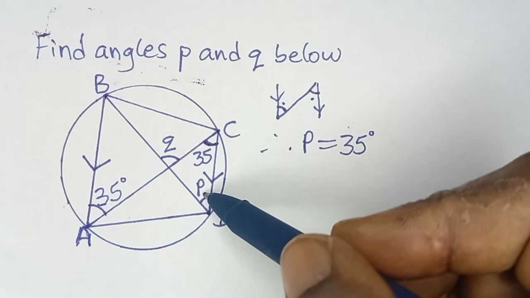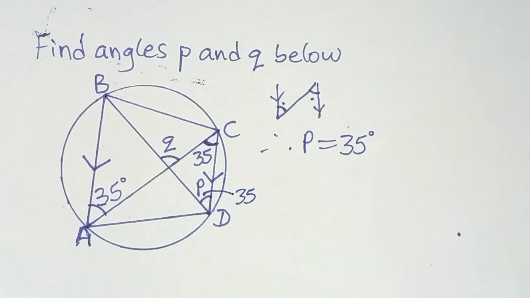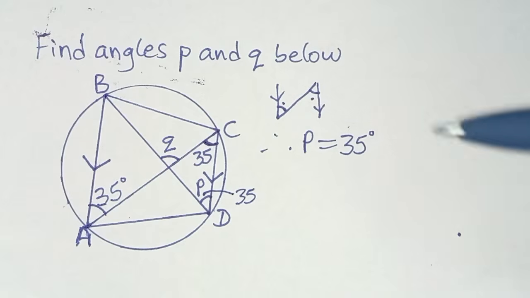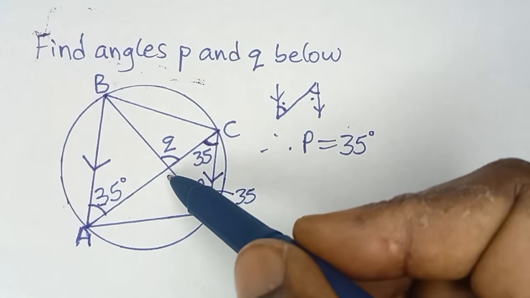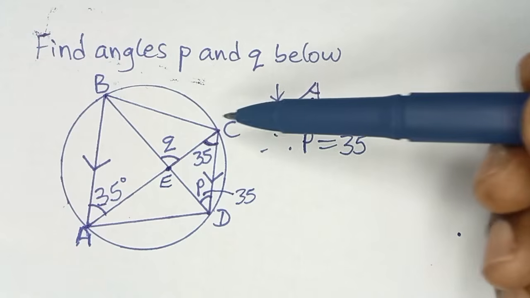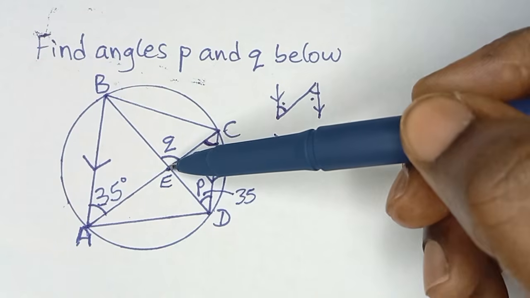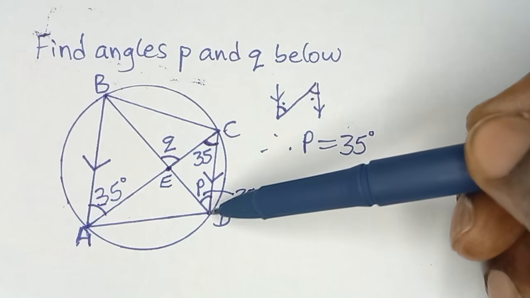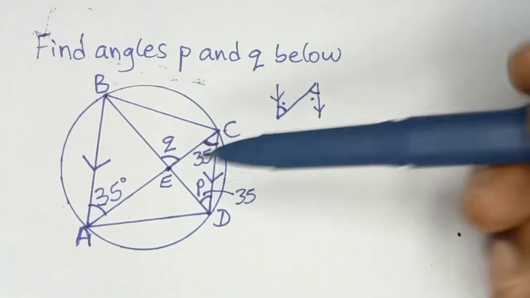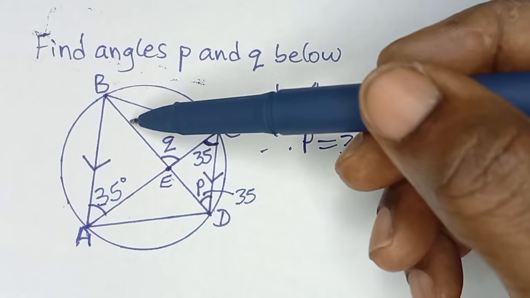Now, don't forget, we already have this angle here, angle P, as 35 degrees. If you look at this angle here, let's call this point E. If you look at this triangle CDE, you will agree with me that one of the lines of the triangle is extended outward.